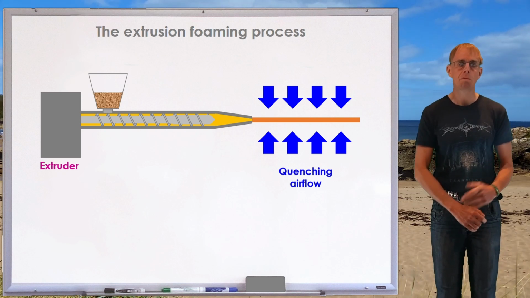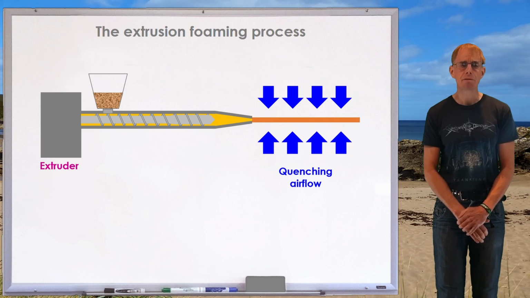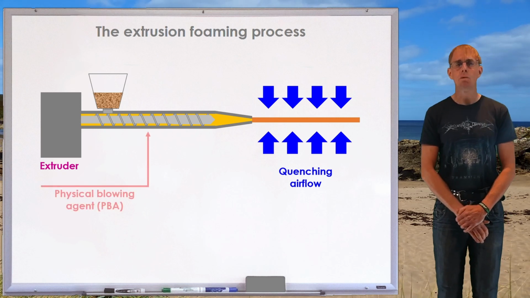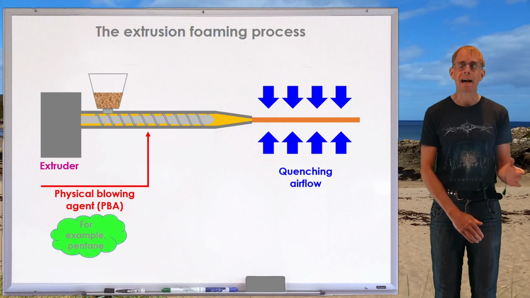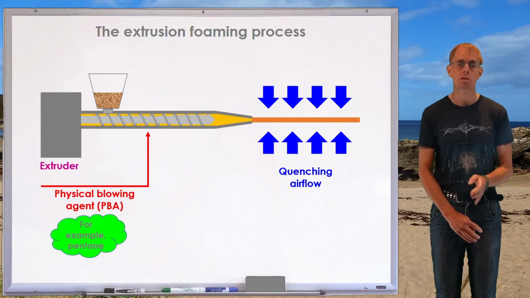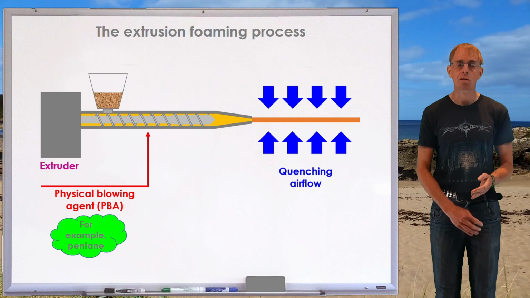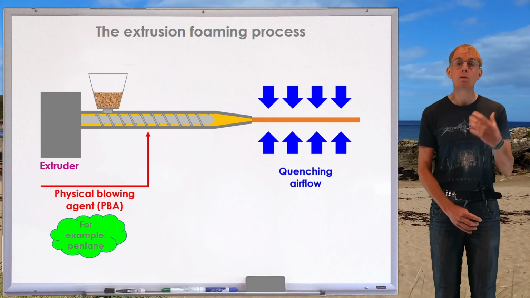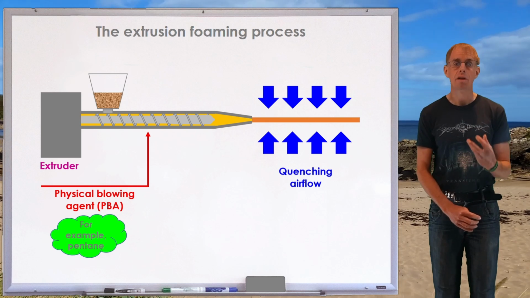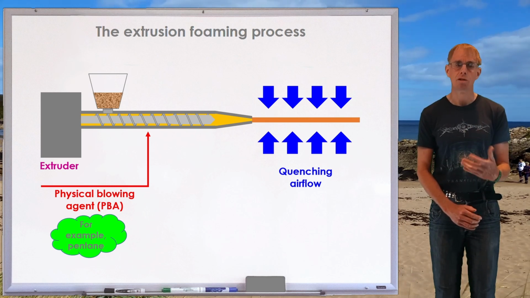Well, there's principally 2 ways it can be done. Firstly, you add what is termed a physical blowing agent into the extrusion line at a point where the polymer is molten. Again, in days gone by, this would be a hydrocarbon such as pentane, which has good mutual solubility with the polymer that is molten, for example, polystyrene.